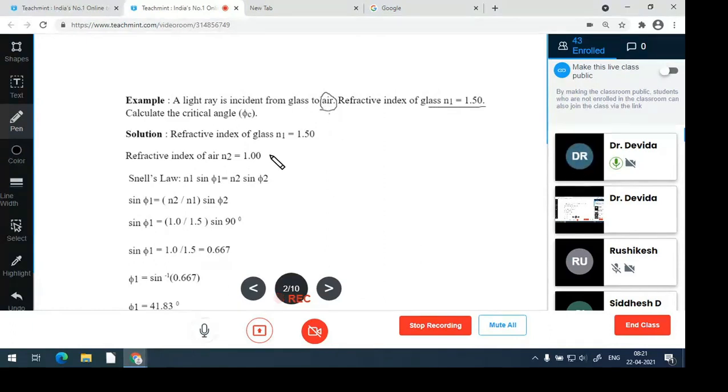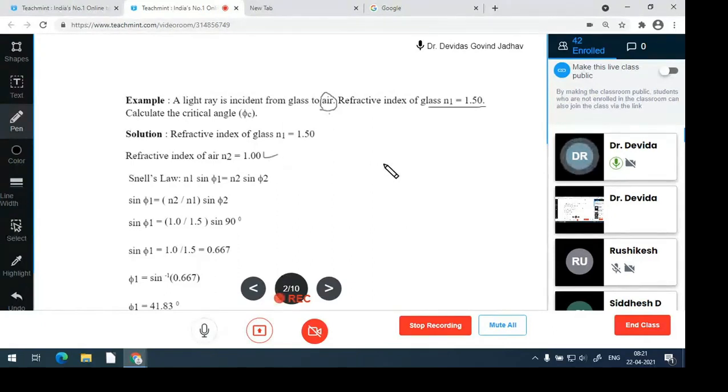So N2 is 1. The second medium is air, so the refractive index of air, N2, is 1.